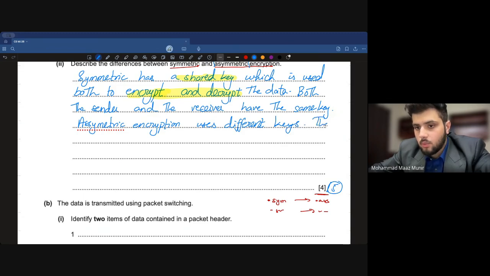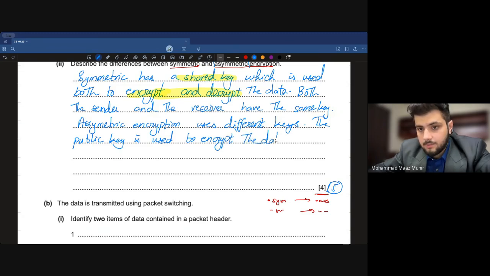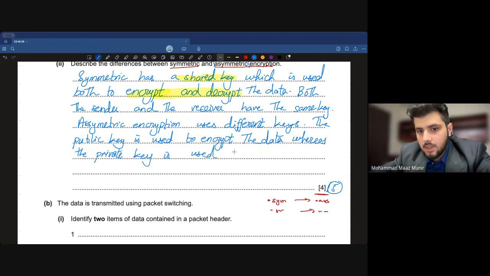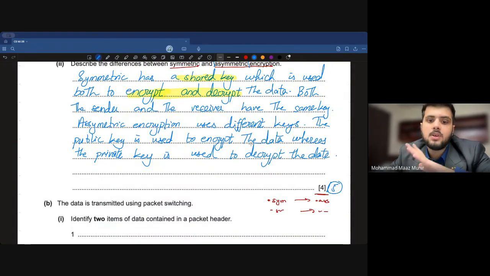The public key, which we all know, is used to encrypt the data, whereas the private key is used to decrypt the data.